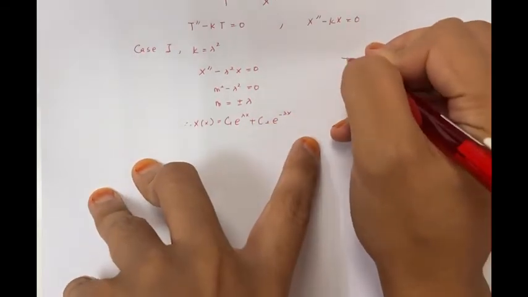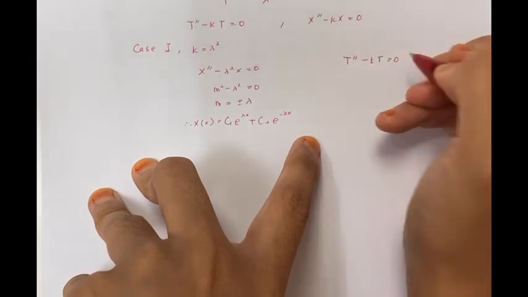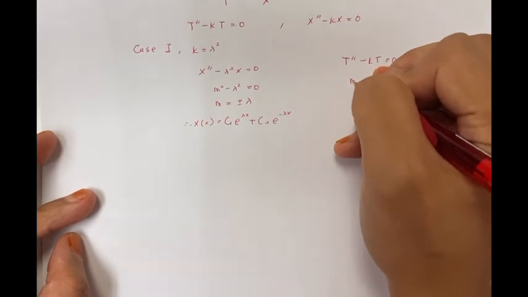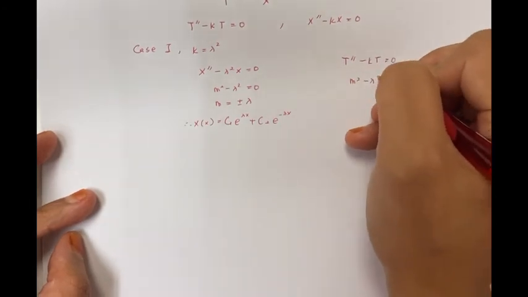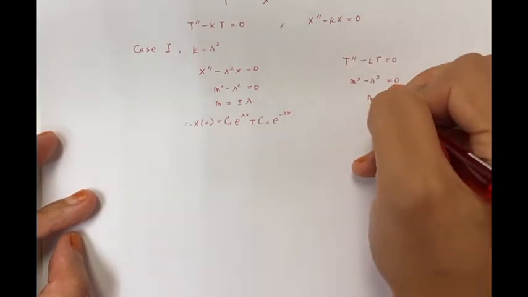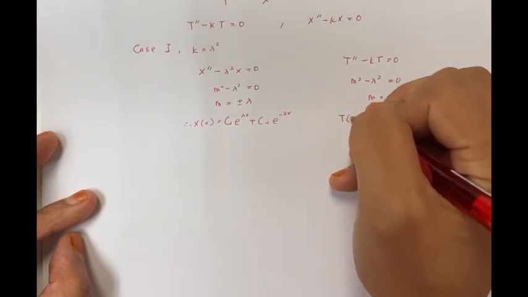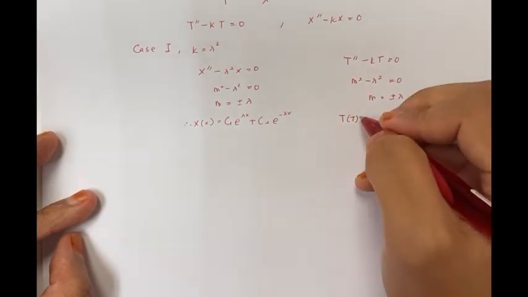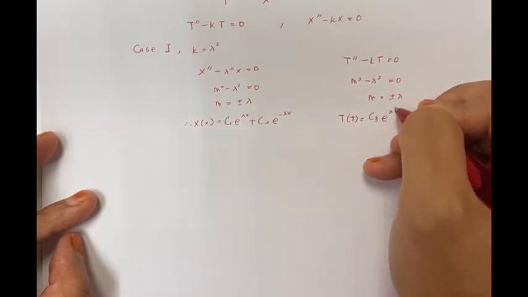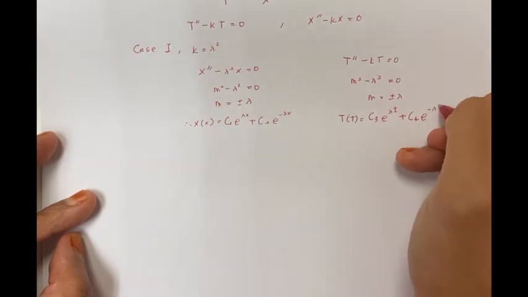Okay. As for T, now you have T double prime minus kT equal to 0, meaning that you have two roots for T. So m squared minus lambda squared equals 0, so m is equal to plus minus lambda. So the general solution for T is equal to C3 exponent positive lambda t plus C4 exponent negative lambda t.